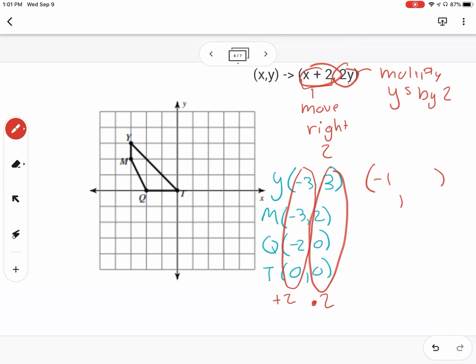This one, negative 3 plus 2 is negative 1. 3 times 2 is 6. Negative 3 plus 2 is negative 1. 2 times 2 is 4. Negative 2 plus 2 is 0. 0 times 2 is 0. 0 plus 2 is 2, and 0 times 2 is 0.